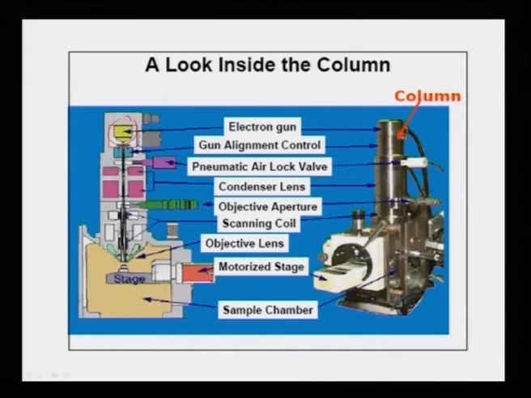These are the condenser lenses, and then there is the objective lens which actually focuses the electron beam onto the sample, and then you can have a scanning coil sitting here which will allow you to raster the beam on the sample surface and then obtain the images at the same scan rate as the raster speed. And obviously this is the sample chamber in a scanning electron microscope.